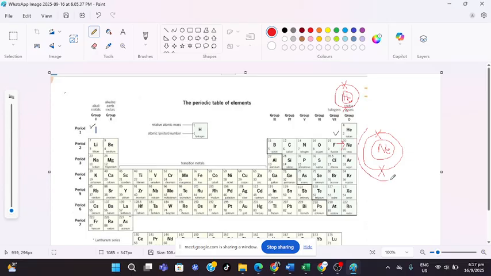Pretty much it wants to be what we call saturated. The outermost shell wants to have 8. The closest noble gas to fluorine has 8 on its outermost shell. The closest noble gas to lithium has 2 on its outermost shell.